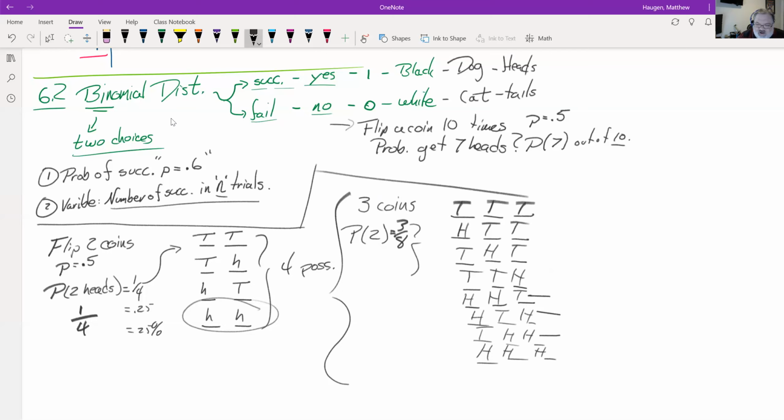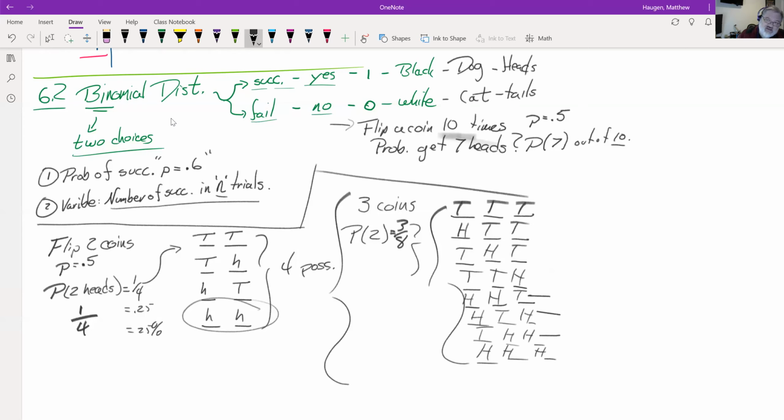That was a lot more irritating, right? Just because there are more possibilities. Well, imagine if we flipped 10 coins. How many different ways can we arrange T's and H's in 10 slots? A lot, and I don't want to do it by hand. So we're going to need a tool that's going to control how many possible ways we can do things.